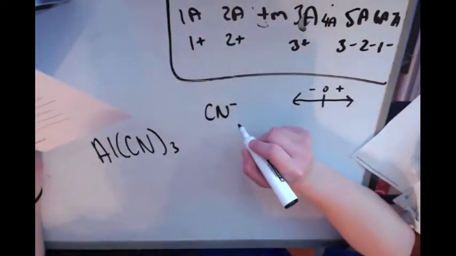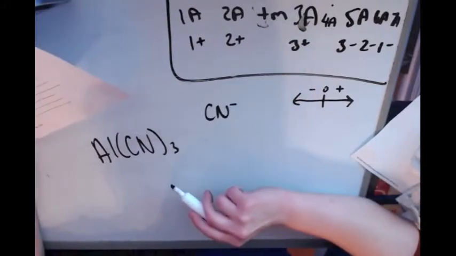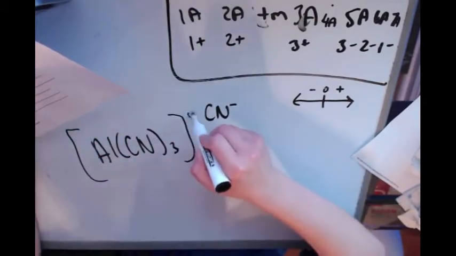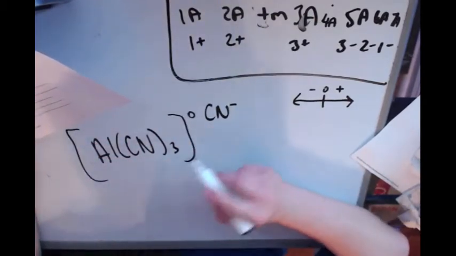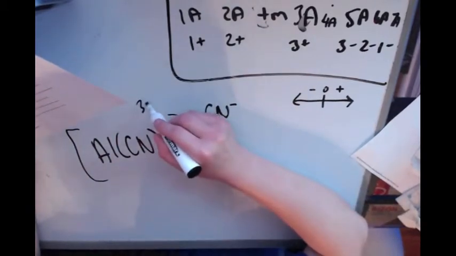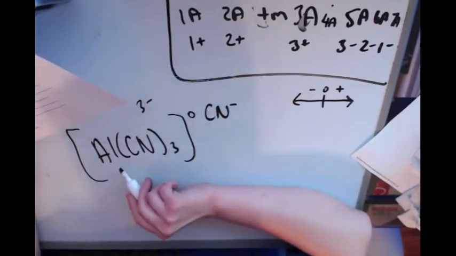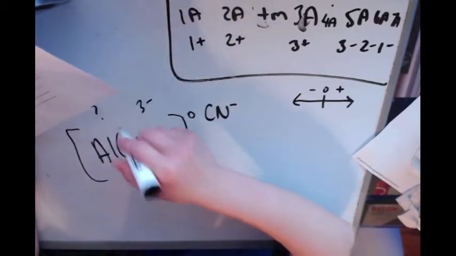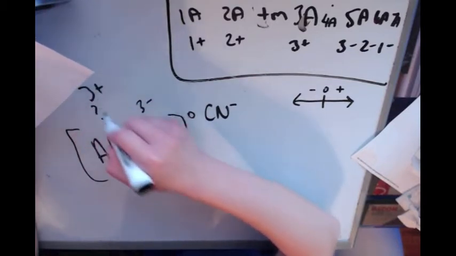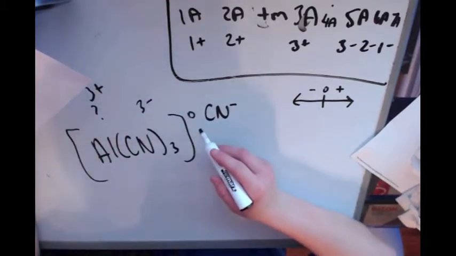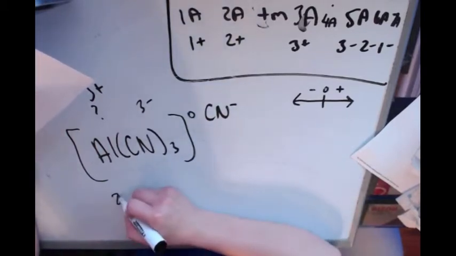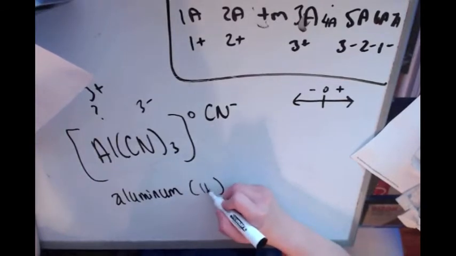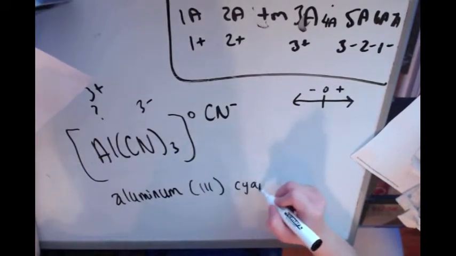And aluminum is treated here like a transition metal, so you have to figure out its charge based on the anion. So you know this is an ionic compound, has a neutral charge of 0. There are 3 cyanides, therefore there's a total charge of 3 minus. So what does this one aluminum have to have a positive charge of? It has to have a positive charge of 3 plus, right? So it can balance out and have a neutral compound charge of 0. So you would write it as aluminum, Roman numeral 3, cyanide.